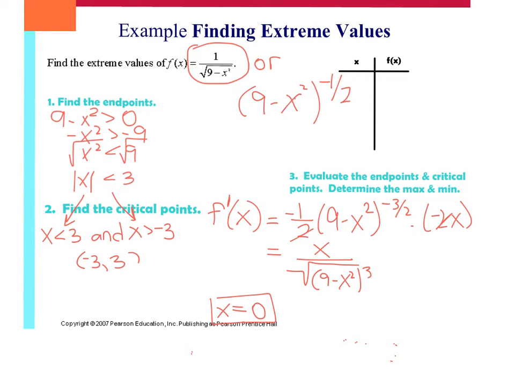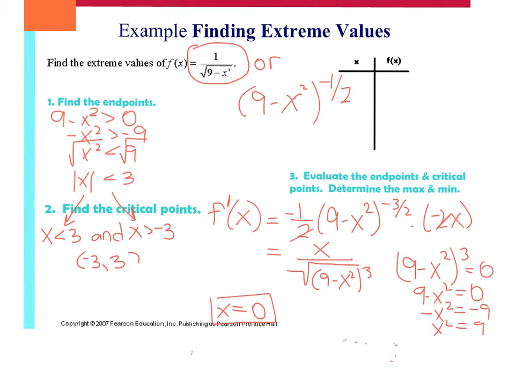Now the other critical numbers occur when the derivative is undefined. So that would be when 9 minus x squared to the 3rd power is equal to 0. So I take the root of both sides. I get 9 minus x squared equals 0. Now this is looking very familiar, isn't it? So x squared equals 9.